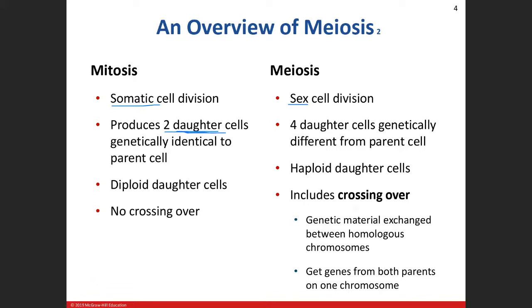Where we had one cell, now we wind up with two cells that are identical. And when I say identical, genetically identical, same genes, everything. So in this case, the daughter cells are diploid, which means the parent cell had 46 chromosomes and each daughter cell has 46.